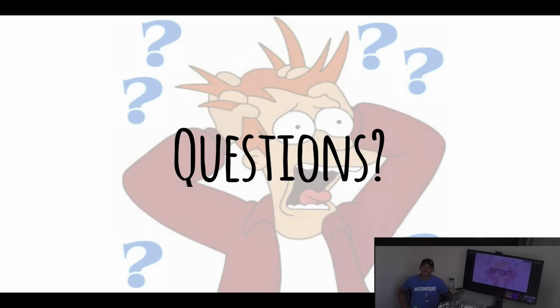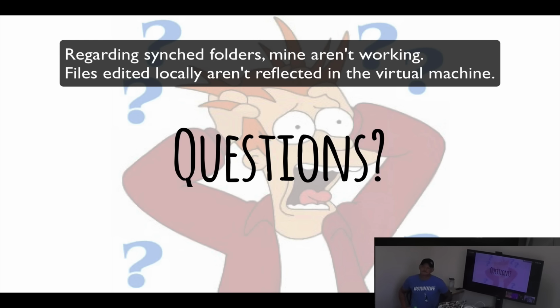About the sync folders, yeah. I already tried syncing, but it's not working. I tried to edit it on my web, it doesn't sync on the Vagrant server. Is it a known problem or just configurations that I've set?